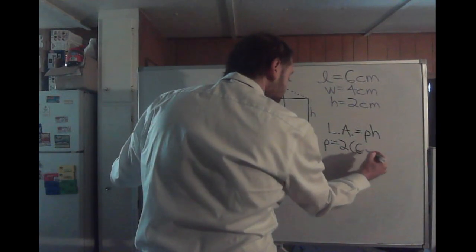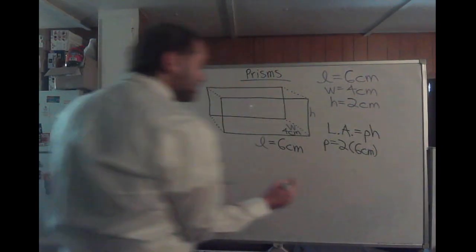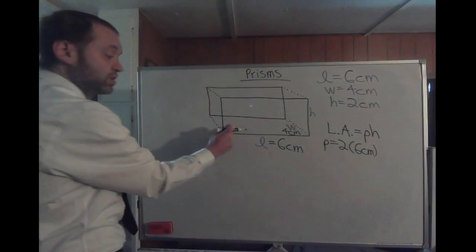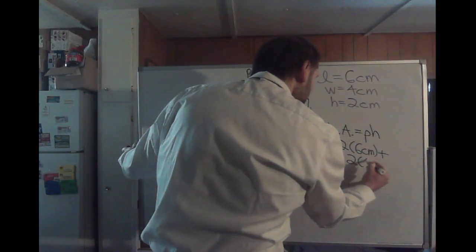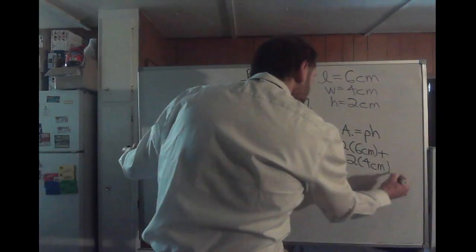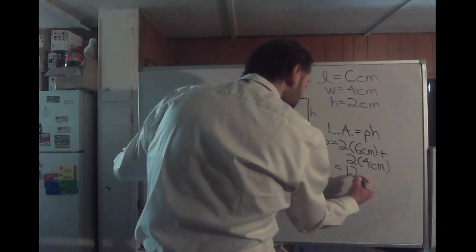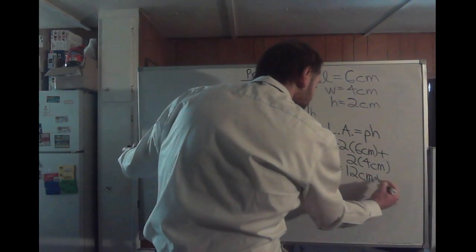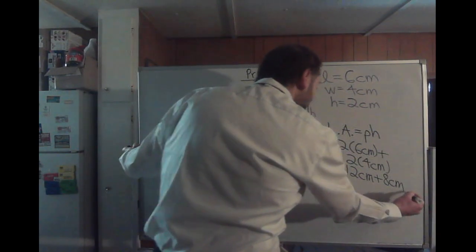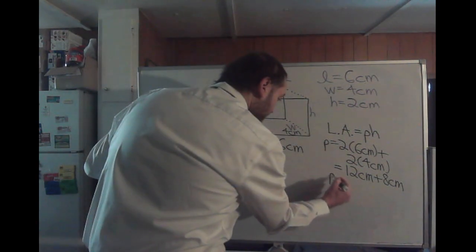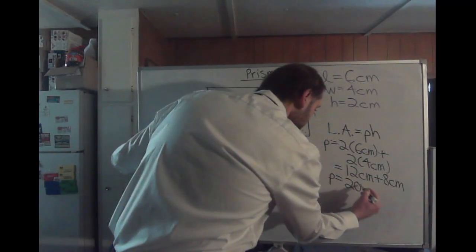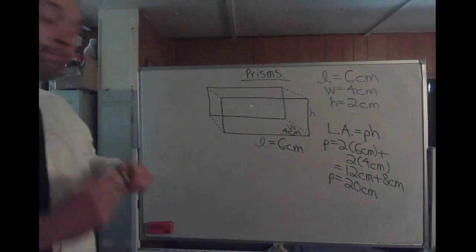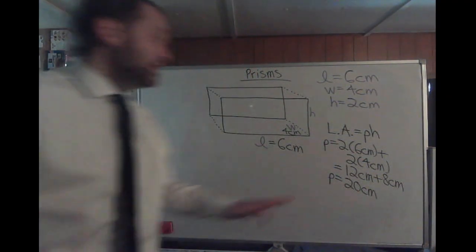You'll have 2 times 6 centimeters because opposite sides are congruent. And then your width also occurs twice. Those are congruent. You would have plus 2 times 4 centimeters, which is going to give you 12 centimeters plus 8 centimeters. So now your perimeter of the base, being a rectangle, would be 20 centimeters. That's the distance around the base of your rectangle, 20 centimeters.